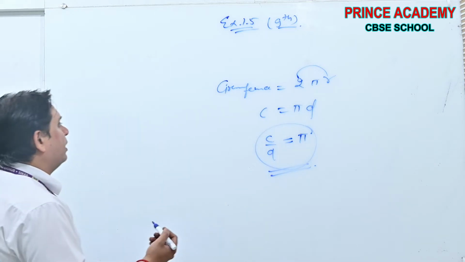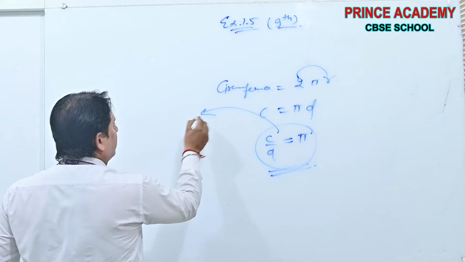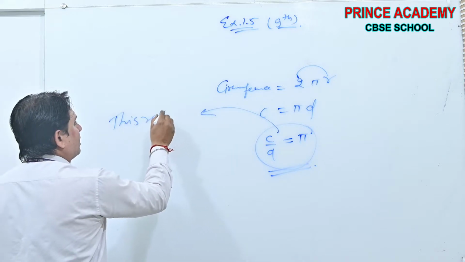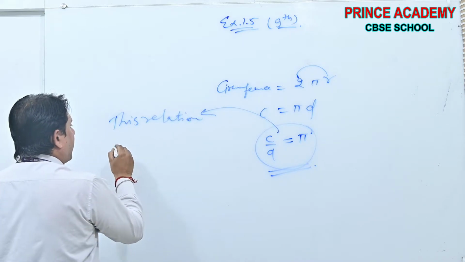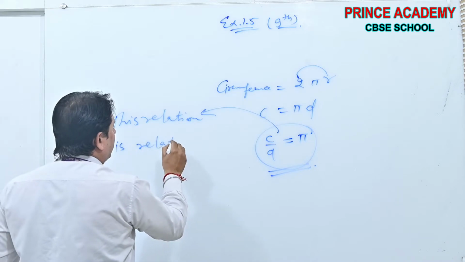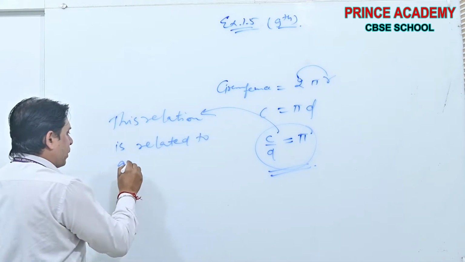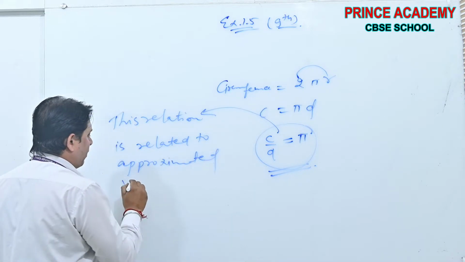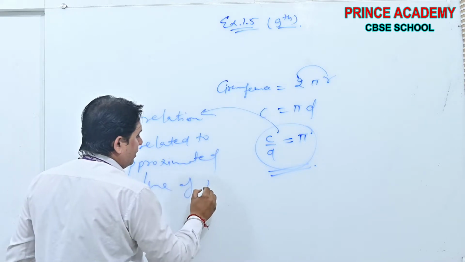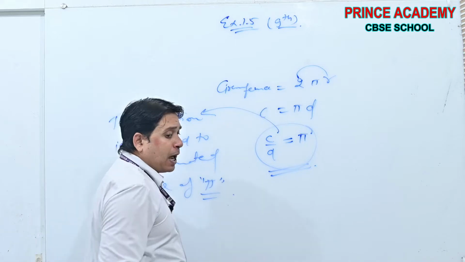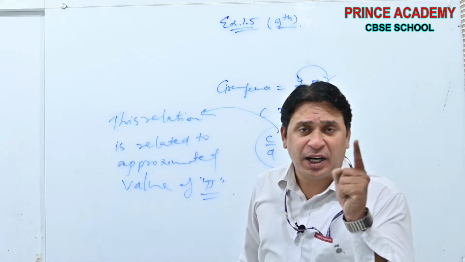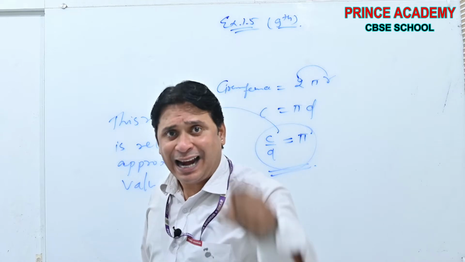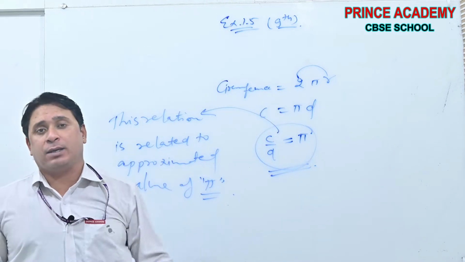See beta, this relation is related to the approximated value of pi. Are you getting my point beta? This relation is related to the approximated value of pi, not the exact value of pi.